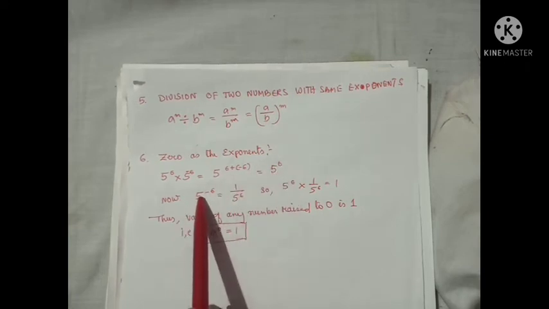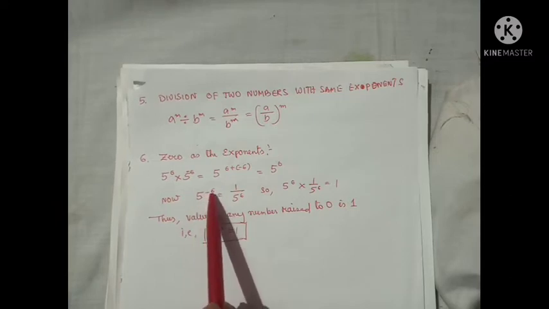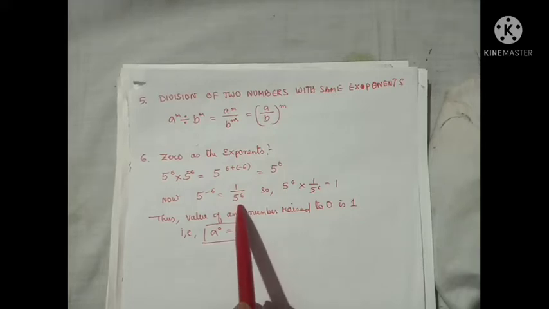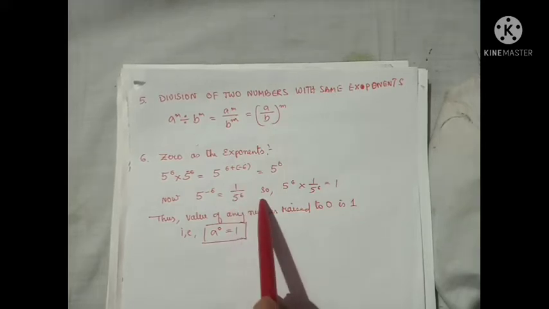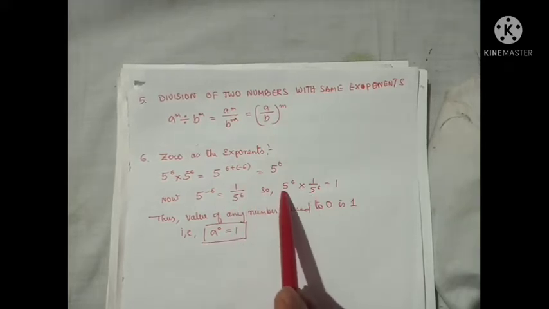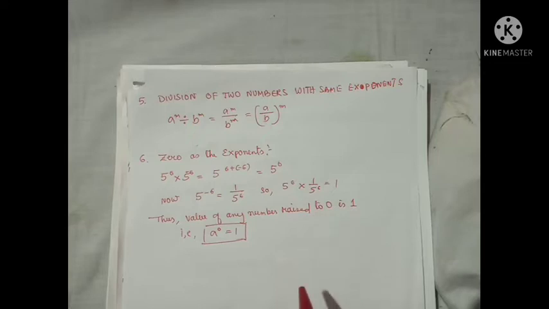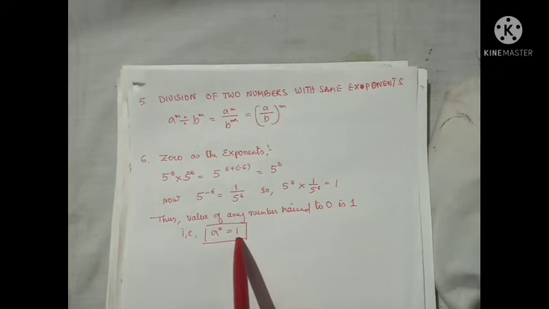Now 5 to the power minus 6 is equal to 1 divided by 5 to the power 6. So if you multiply 5 to the power 6 into 1 divided by 5 to the power 6, you will get the answer 1. Thus the value of any number raised to the power 0 is equal to 1. That is a to the power 0 is equal to 1, the answer will always be 1.